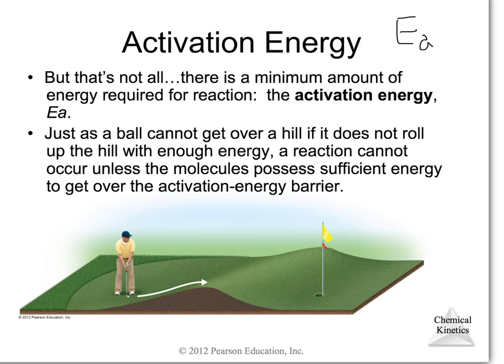Our kinetic molecular theory, if we go back to that, tells us that we get this energy from the kinetic energies of colliding molecules. So we have to have collisions to get this type of energy. This kinetic energy is used to stretch or bend and ultimately break bonds. And because of this energy, that's leading us to our chemical reaction.